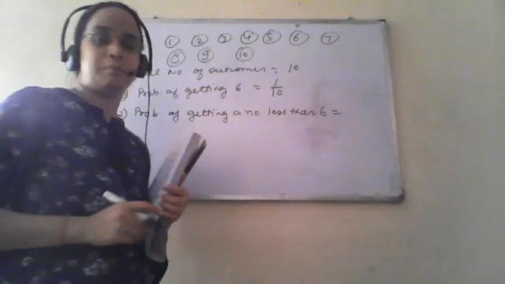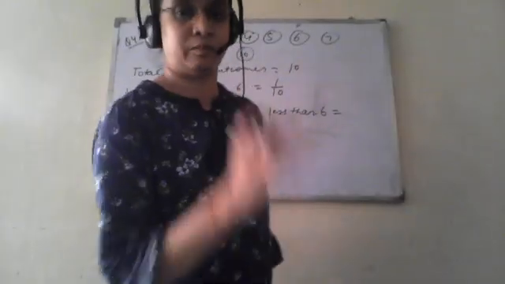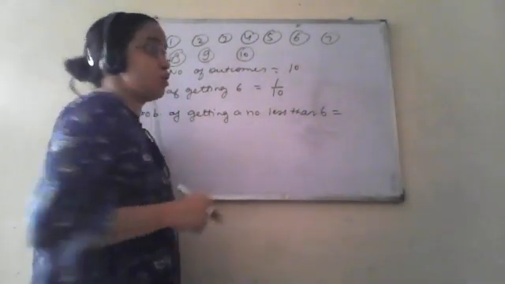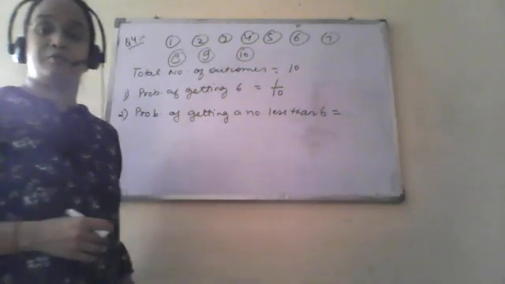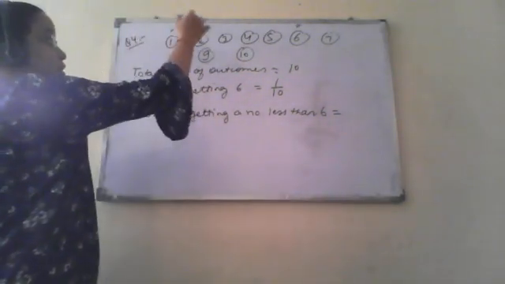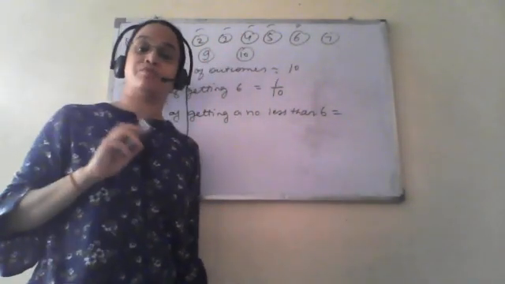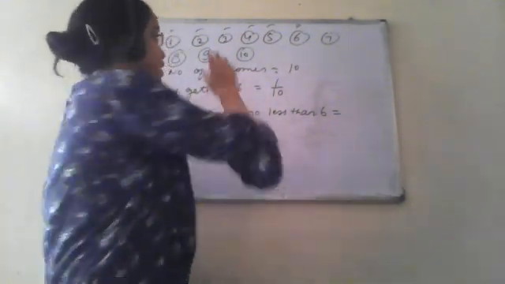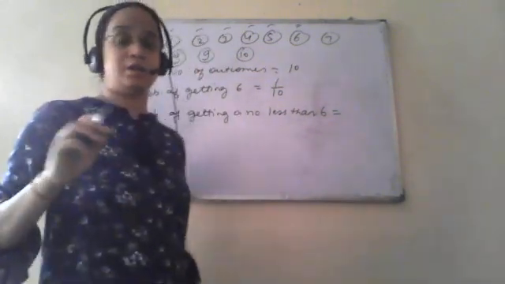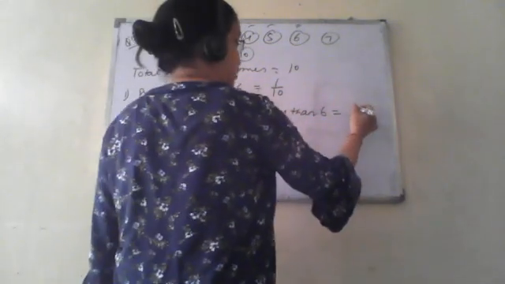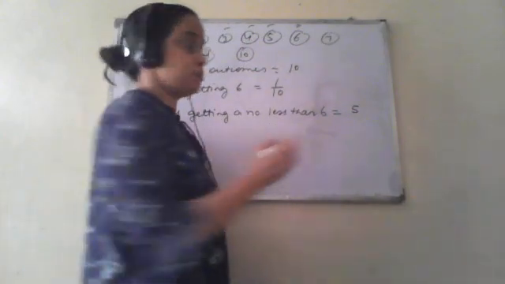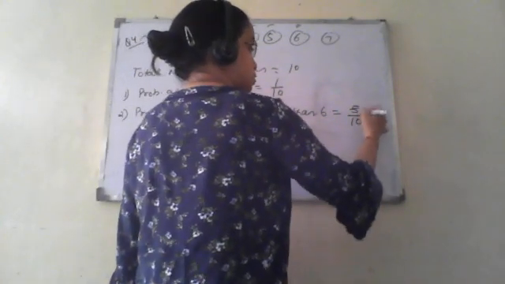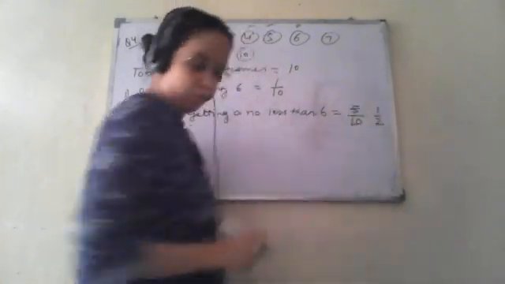So what are the different outcomes for getting a number less than 6? It will be either 1, 2, 3, 4, 5. The number should be less than 6, means 6 is also not included. So how many outcomes are there related to this event? There are 5 outcomes and the total number of outcomes is 10. So it is 1 by 2.